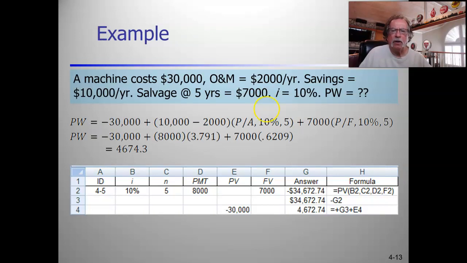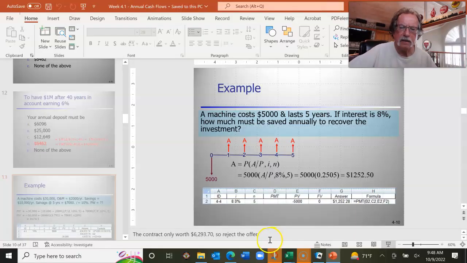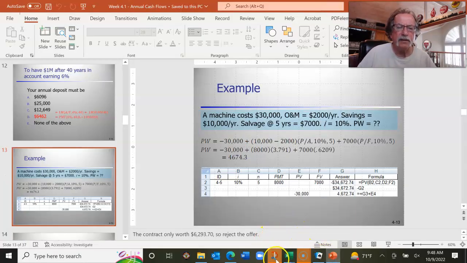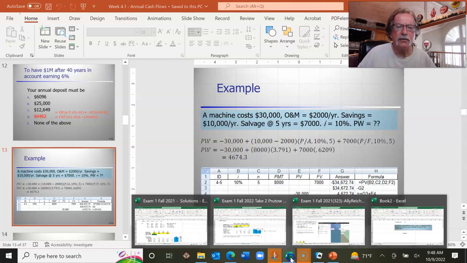So I want to take it through you step by step, because this can get really, really detailed here. And I'm going to break it down into its components.